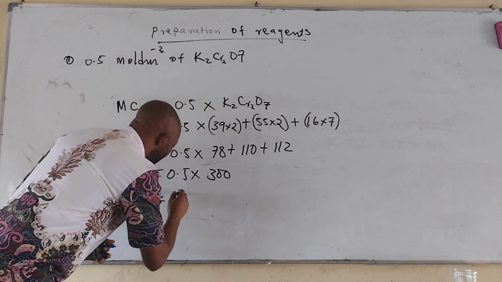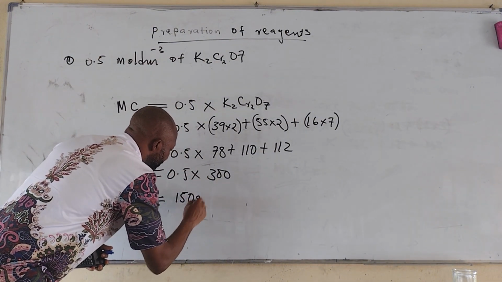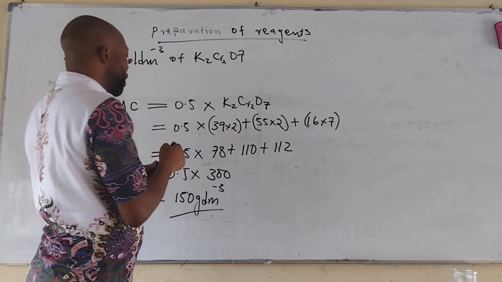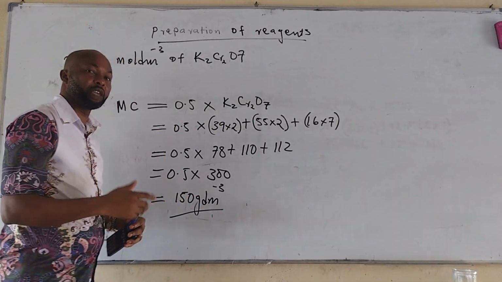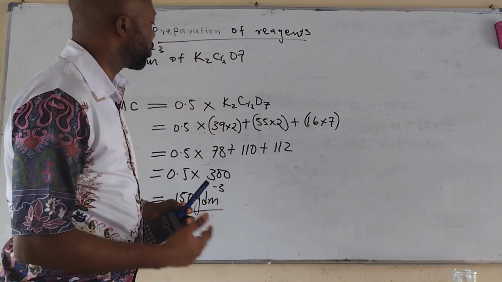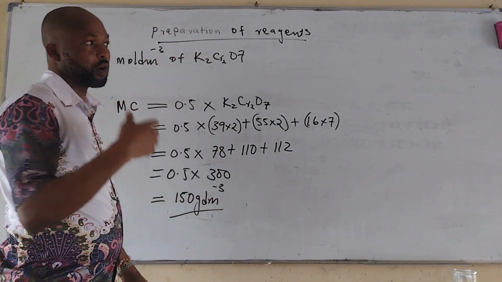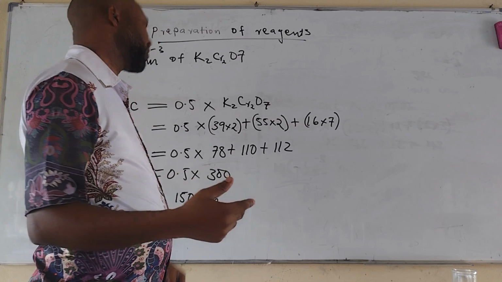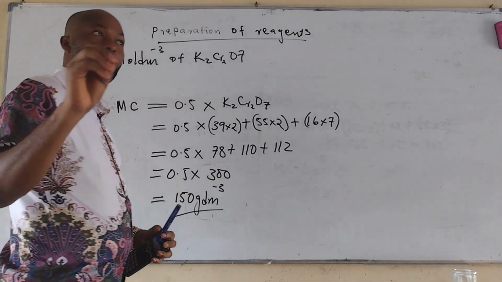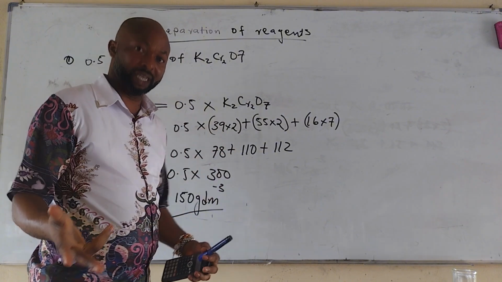Yeah, 150 g/dm³. So this is what we're going to measure to dissolve in 1000 ml of distilled water. We divide it by 4 and dissolve in 250, divided by 8 and dissolve in 125, as the case may be, based on the quantity which you need.